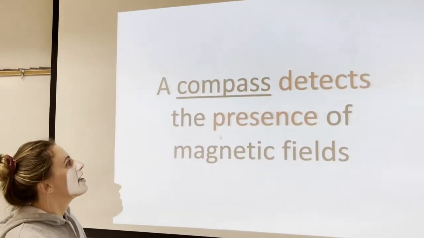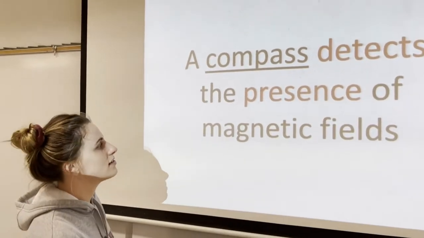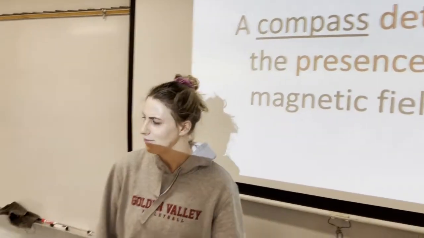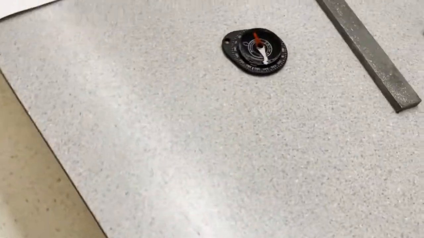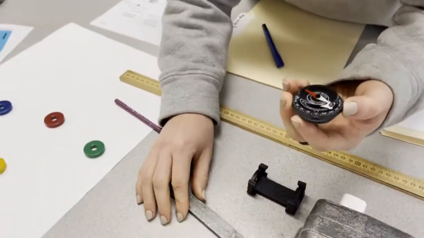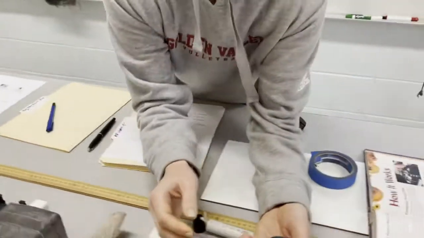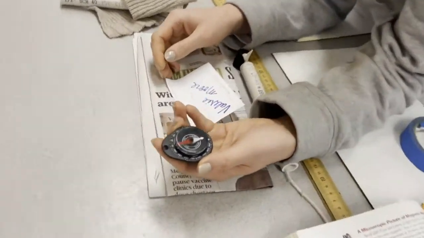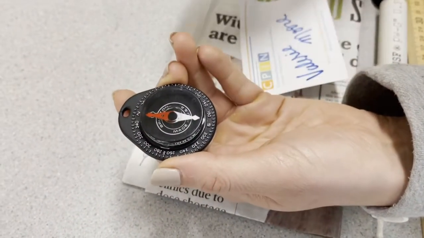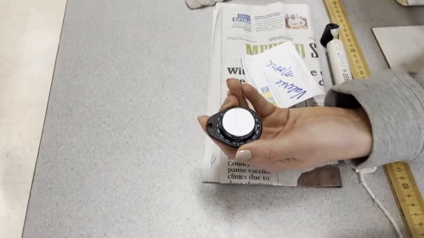A compass detects the presence of magnetic fields. Here's my compass. We said that it just faces north, right? The red is the north-seeking end, pointing north, and the white is south. It detects the presence of magnetic fields.